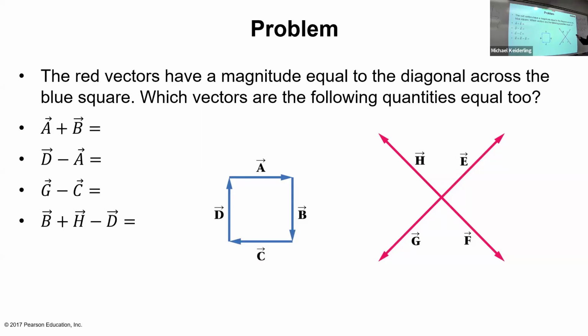So what vectors are the following quantities equal to? So A plus B. What would I get if I added A plus B? Which of these letter vectors would I get for A plus B?